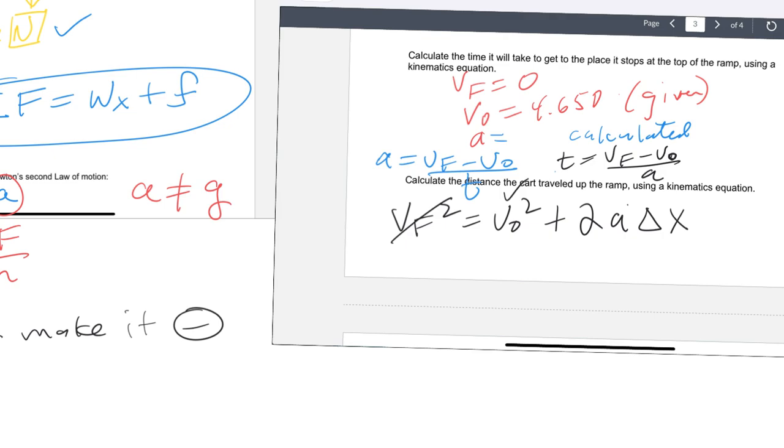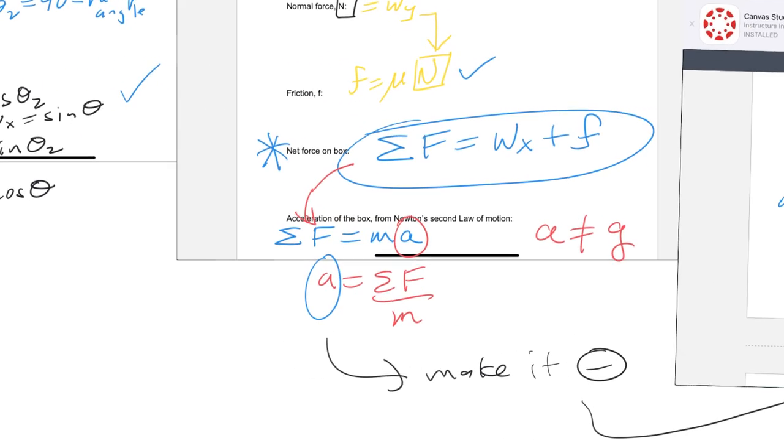When you do dynamics, it doesn't. But we're doing kinematics right now in this part. So when you plug it in here, be sure it's the negative answer from when you found it there. And so that works out really easily to solve for delta x. I think your major mistake was right here.